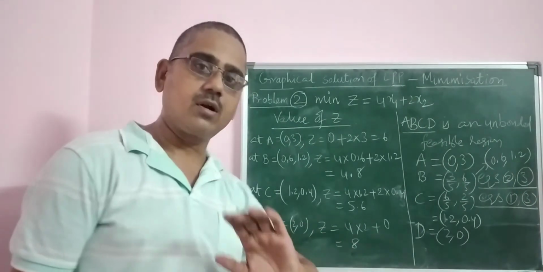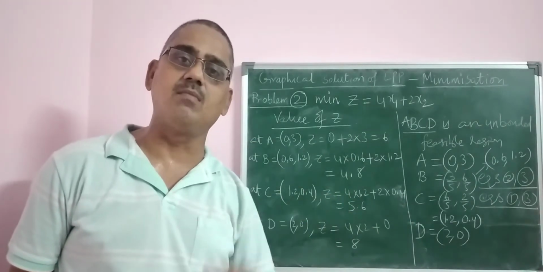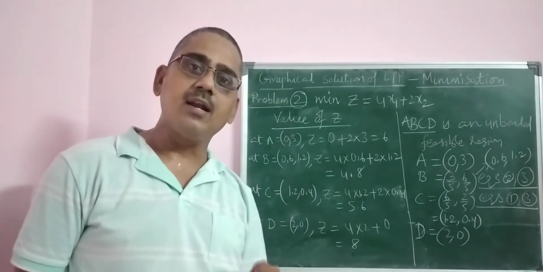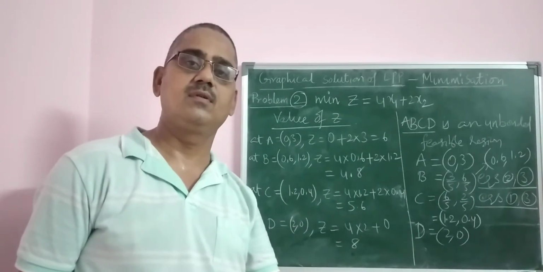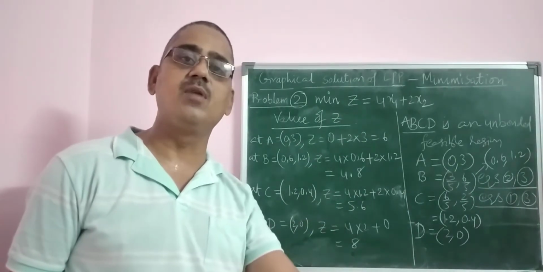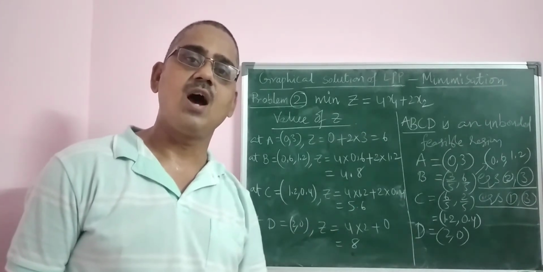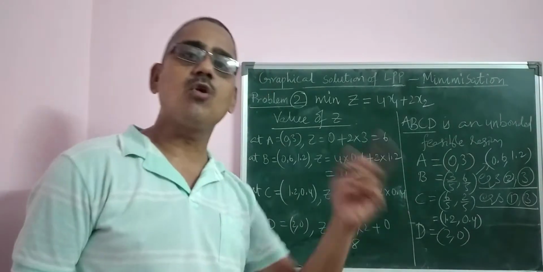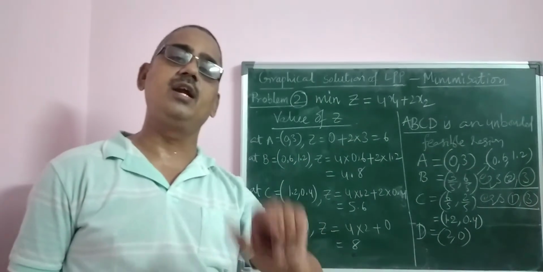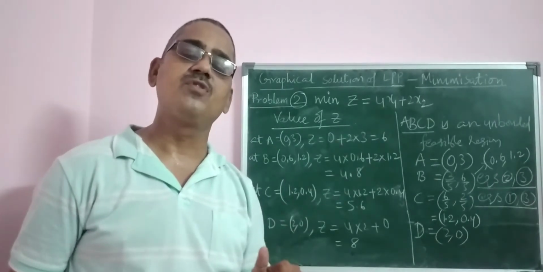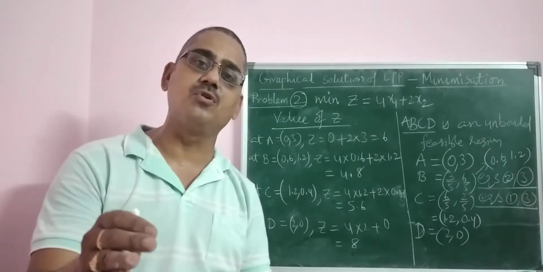Now come back to the unbounded feasible region. Why is it feasible? If you obtain an optimum solution, then it is a feasible solution, a feasible region. Otherwise, even though it is an unbounded common region, it is not feasible, because we don't have a solution.